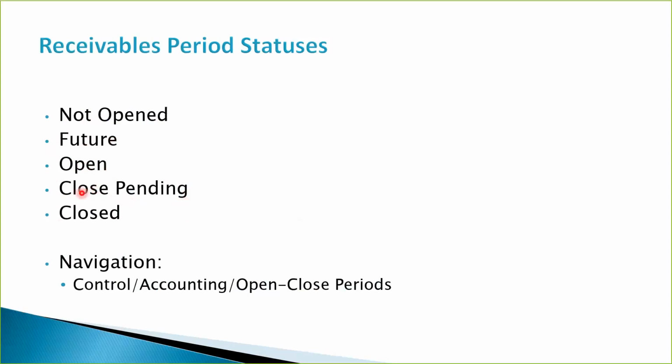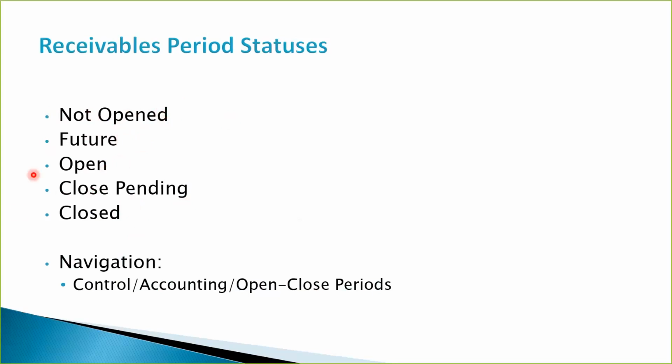So of course, after that there's closed, and that means nothing can happen there. So if you take a period from not open to future, then you have to go again from future to open. So those are the period statuses in receivables.